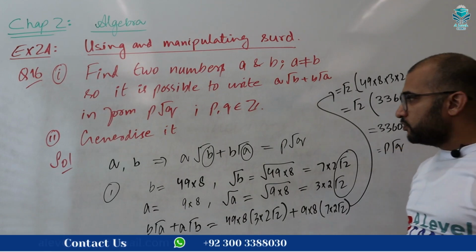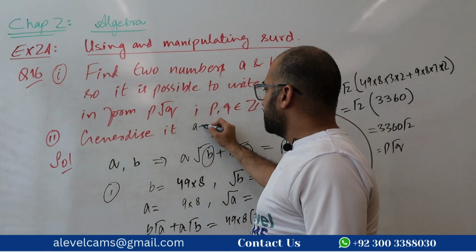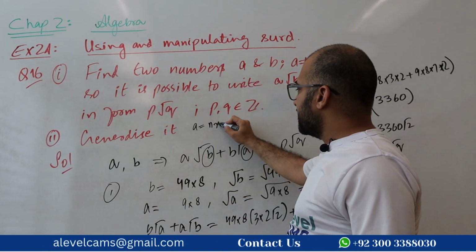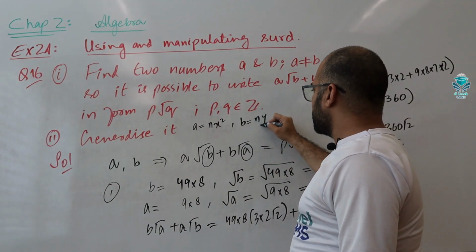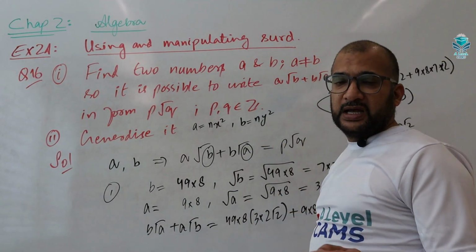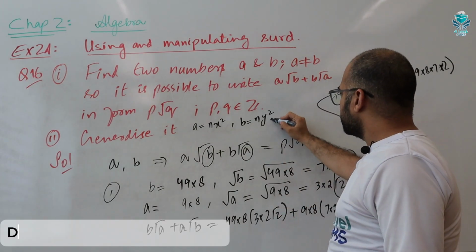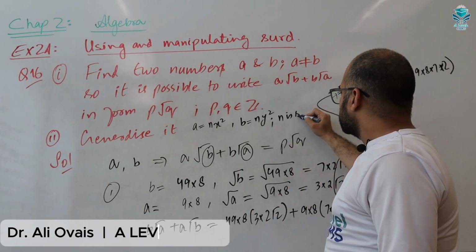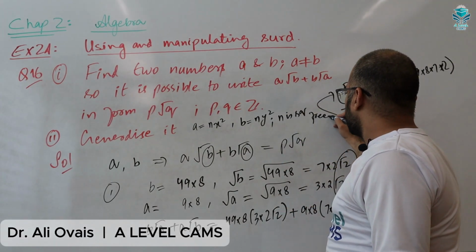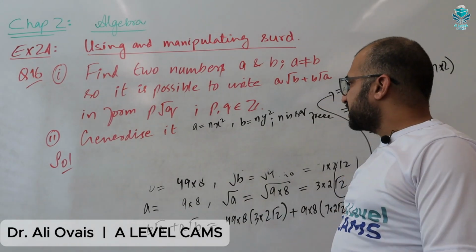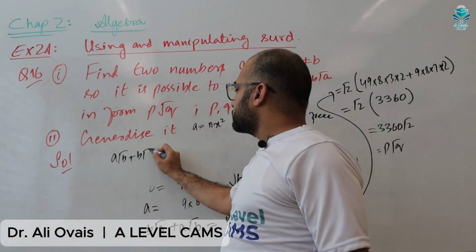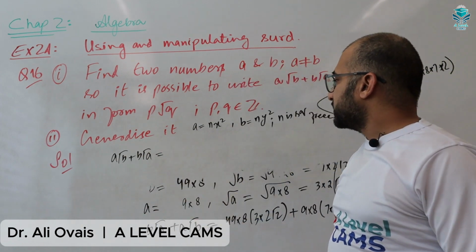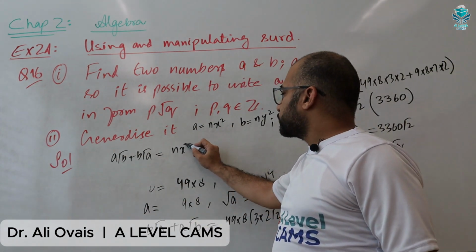In general we can say that a equals n x square and b equals n y square, where n is square free. Then we can write a square root b and b square root a. What is a? n x square.